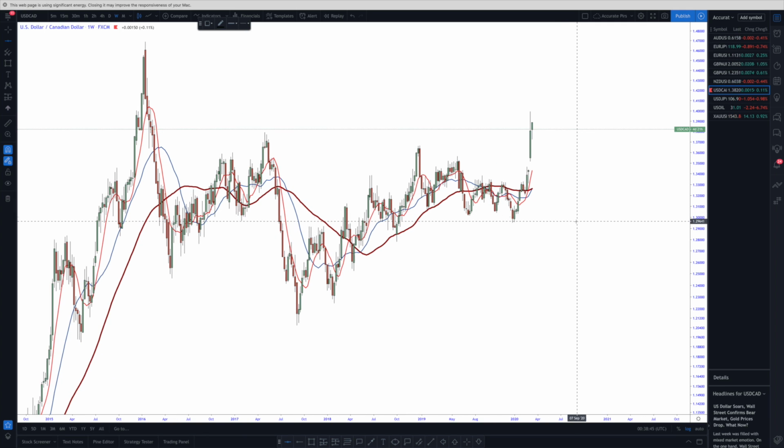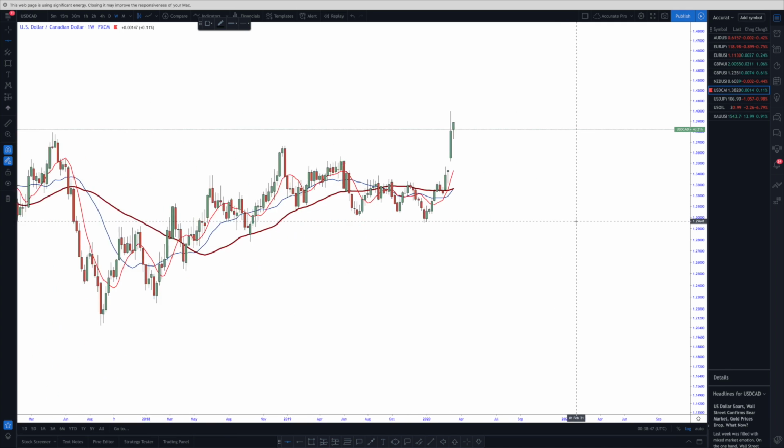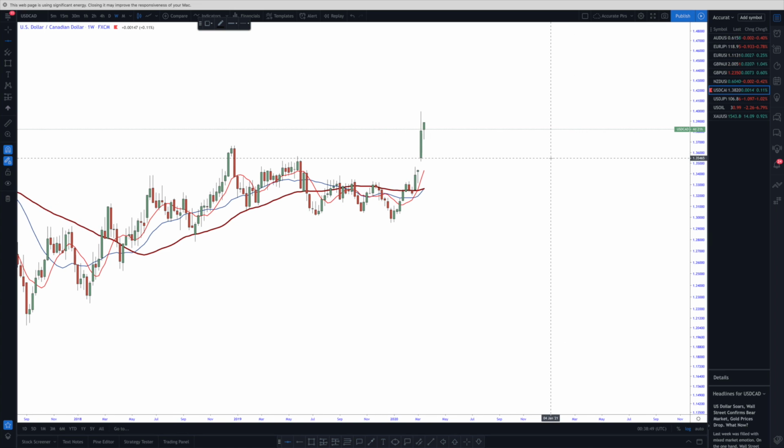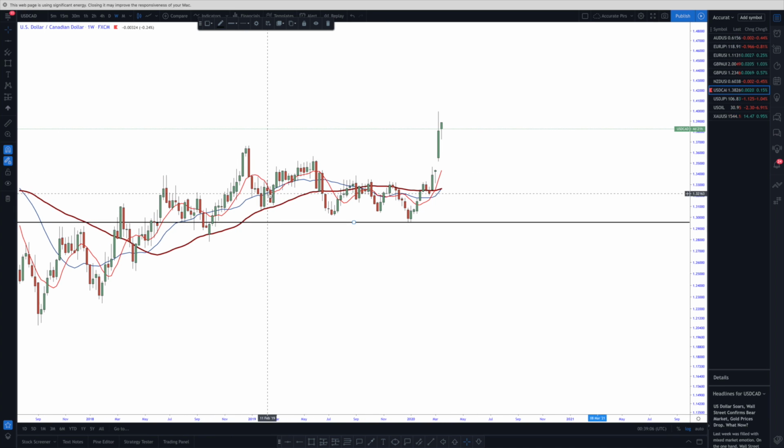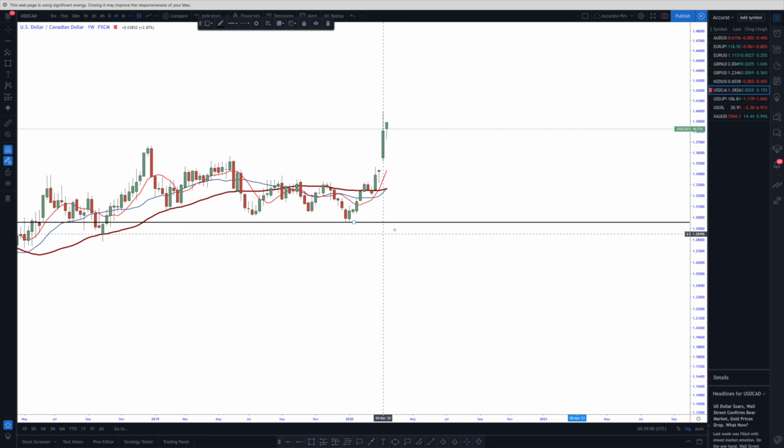At the moment, I'm not seeing any major support or resistance level. Let's put this there. So I'm just going to note this, as I can't really see any major.